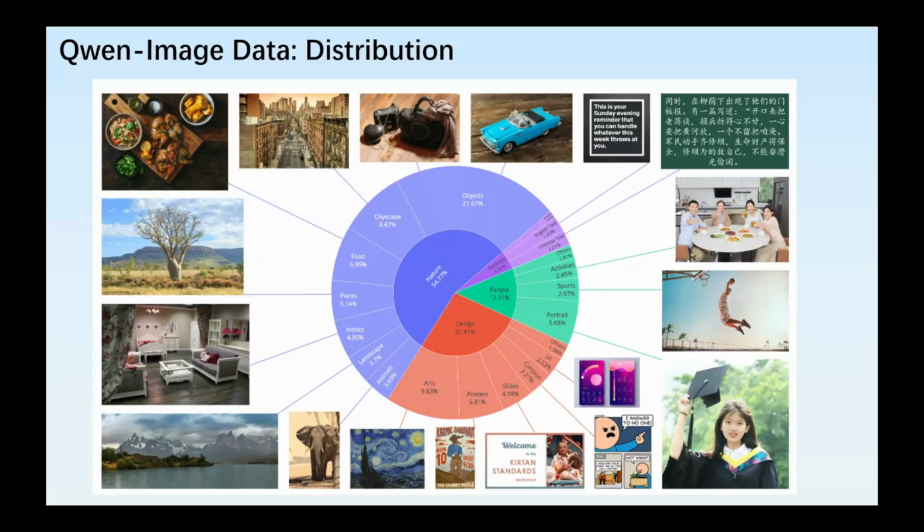At 27%, the design category covers structured visuals like posters, UIs, slides, and various art formats like paintings, cartoons, or digital arts. This trains the model to handle complex layouts, text rendering, and artistic styles accurately. The people category at 13% focuses on portraits, sports, and human activities.